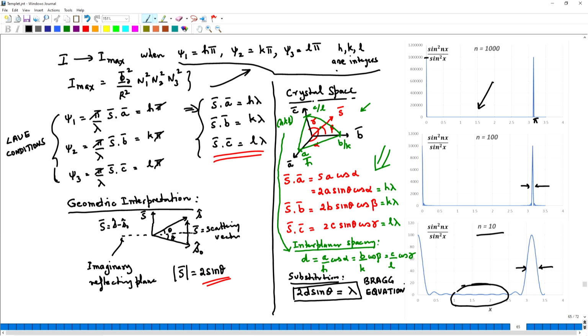And if this plane HKL had a common factor n, then the reflection condition can be viewed either as an nth order reflection from the plane with indices h upon n, k upon n, l upon n, or as a first order reflection from the plane HKL.